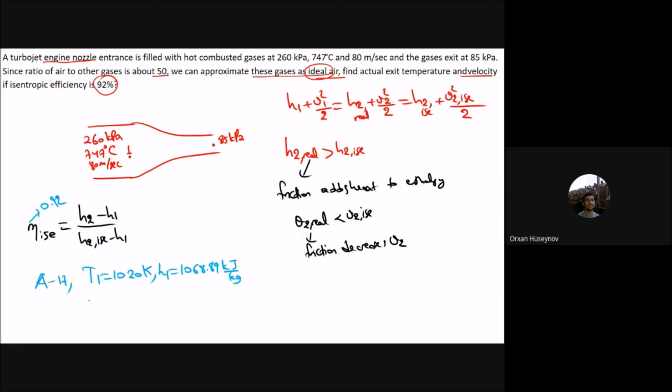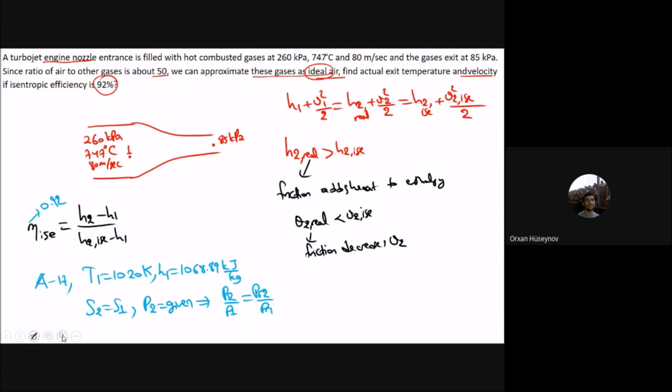For the isentropic one, S2 will be the same as S1, and also the pressure 2 is given. We can use the isentropic relationships. The isentropic relationship says that P2 by P1 is the same as PR2 by PR1.